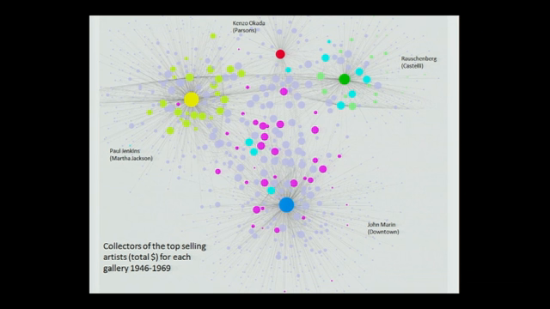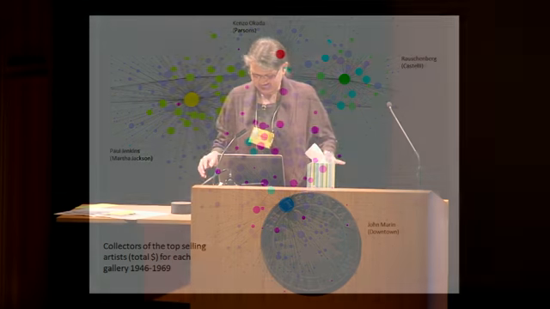Parsons was not connecting to anyone big. And then look at Leo Castelli. He is connecting with, one, major collectors, and two, in the light green, European collectors. And at this moment, I realized I finally found something, a tool that is going to be useful for me to try to understand the difference of Leo Castelli in the art market. Done.